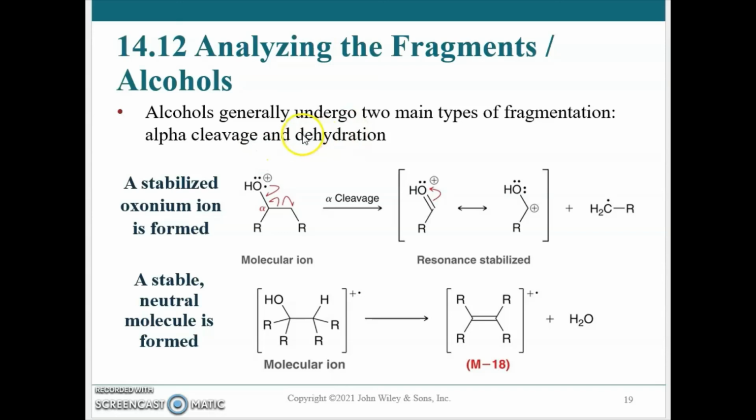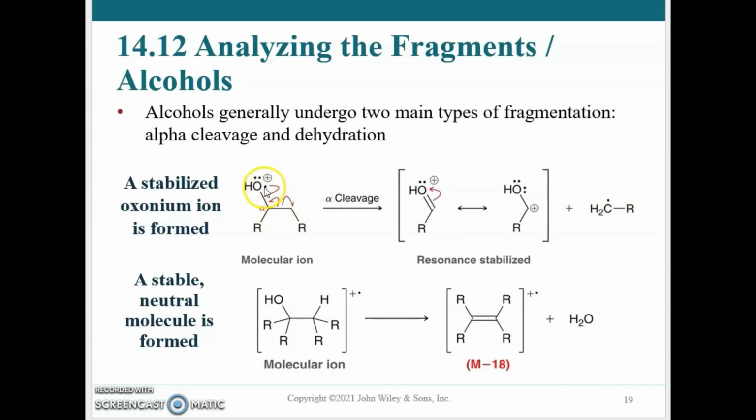In the alpha cleavage example, for the radical cation that's formed, you have homolytic bond cleavage. So one electron from this carbon-carbon bond leaves with this fragment, and you have the CH2R group with the radical on it.